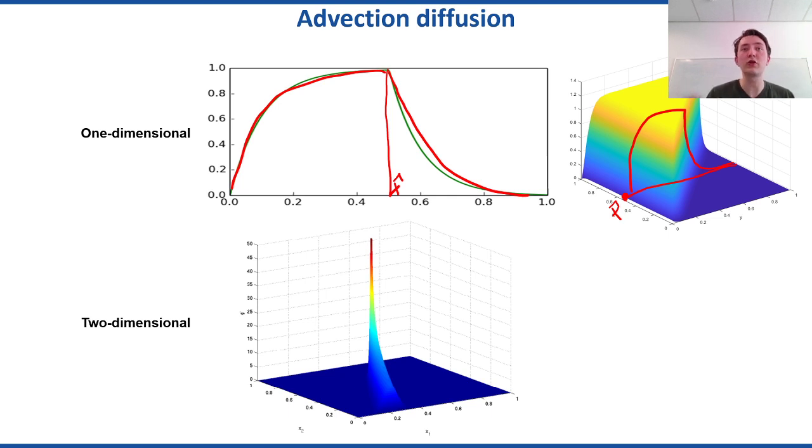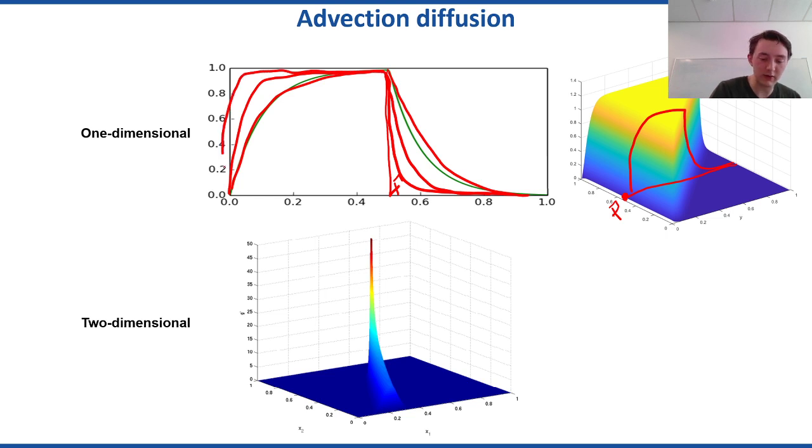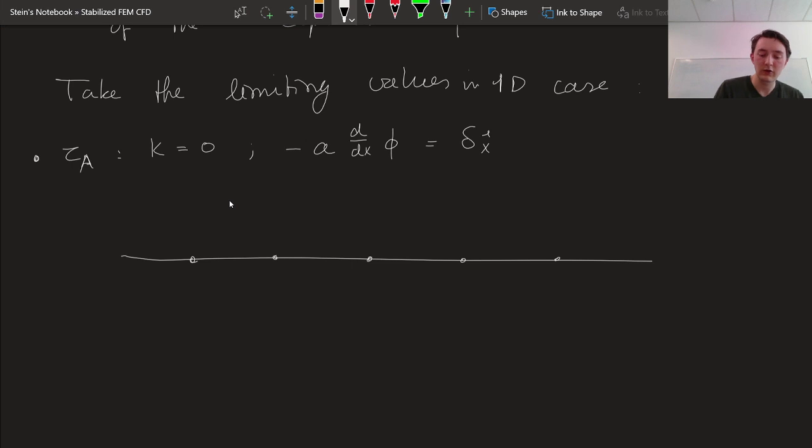So if I reduce my diffusion further and further, this is going to smooth out less and less aggressively. And in the limiting case, I actually get a step function, when my x hat is right here in this element.